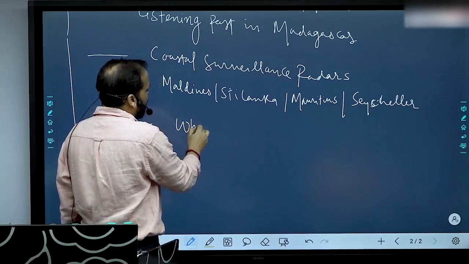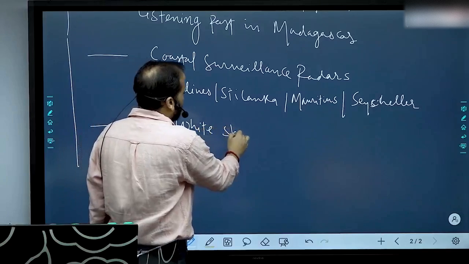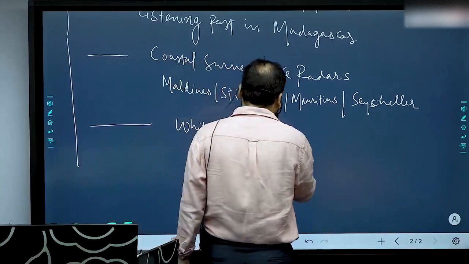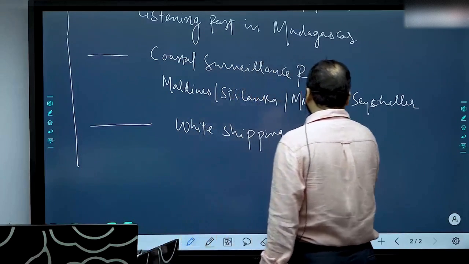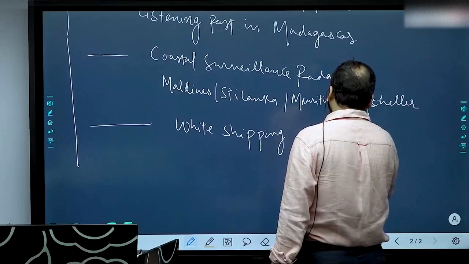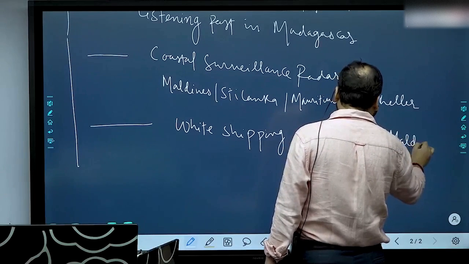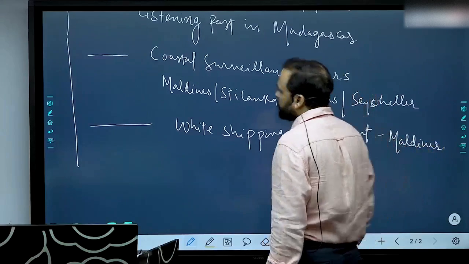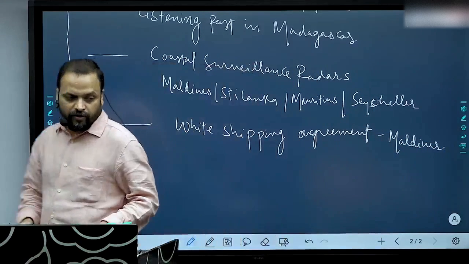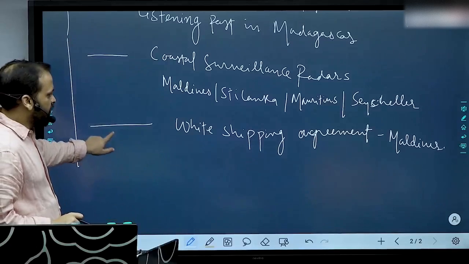Similarly, we have agreements like White Shipping Agreement, which is a merchant shipping agreement with countries like Maldives. We share information on the movement of ships in the Indian Ocean region.